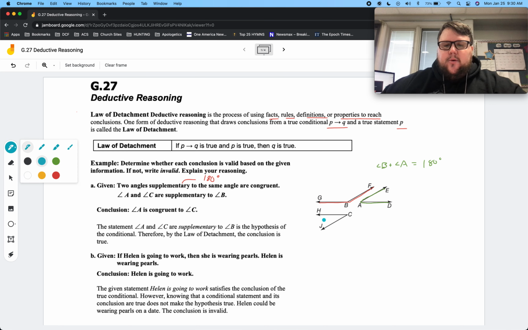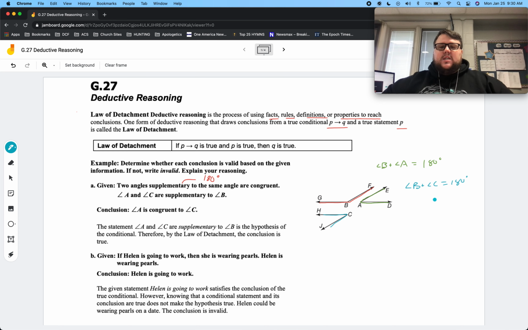Now they're also throwing in angle C here. So if we were to cross out angle A and say forget about angle A, we're looking at angle B and angle C. And so they are supplementary. So that means angle B plus angle C also adds up to 180 degrees.